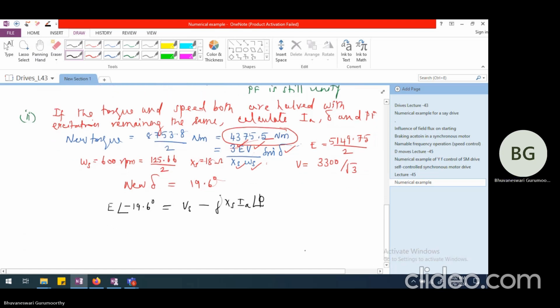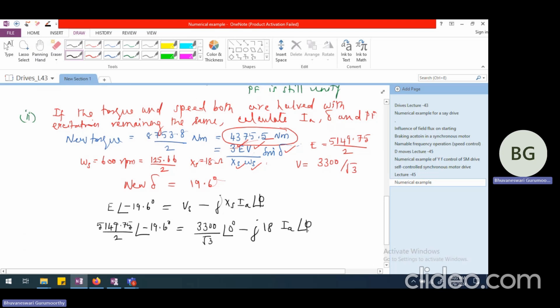So, we can write this as E value, we have got already, 5149.75 divided by 2, angle minus 19.6 equal to 3300 divided by root 3, angle 0 minus J 18 Ia angle phi.